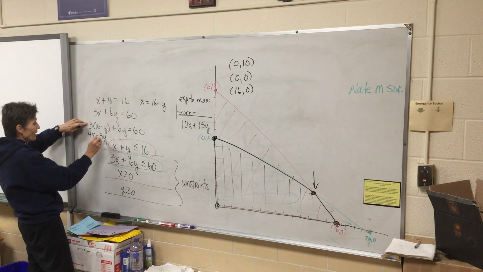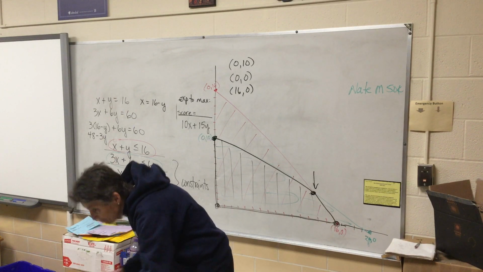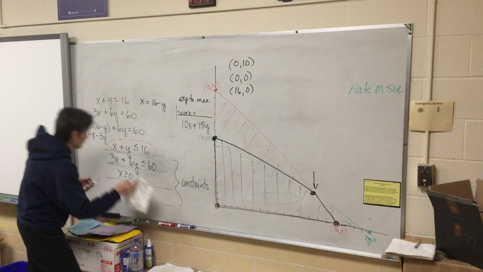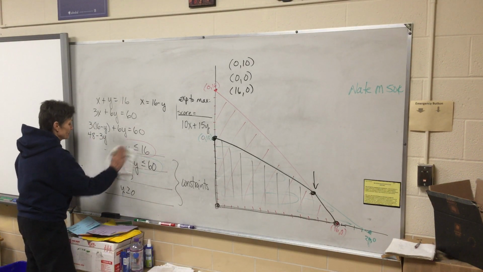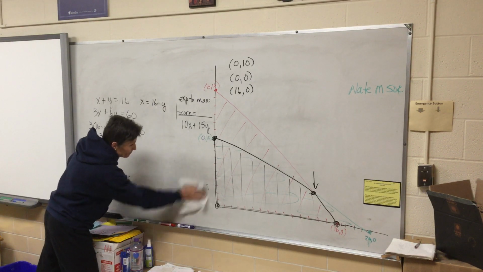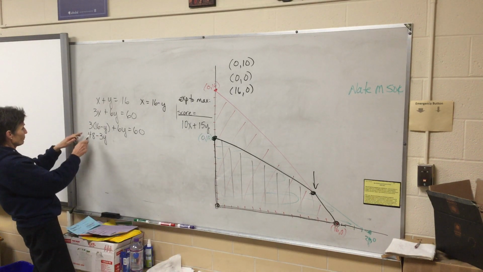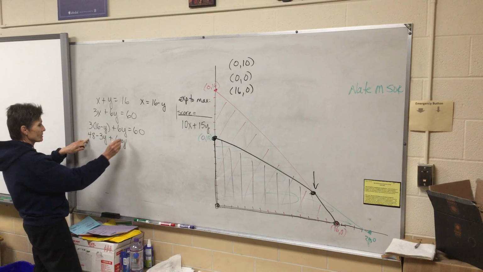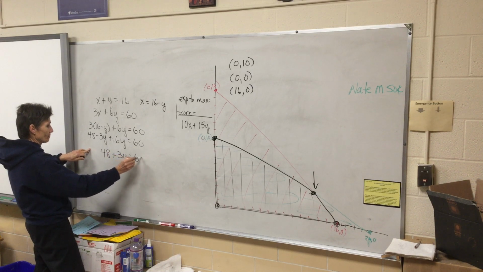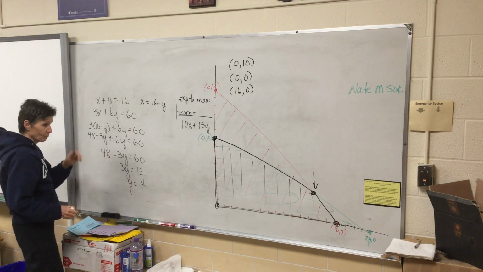48 minus 3y, I don't even know if you can see that now. I'm clear over on the side of the board now. So 48 minus 3y, I don't think I need this anymore either. 48 minus 3y plus 6y equals 60. All right, I got y equals 4. What about you?